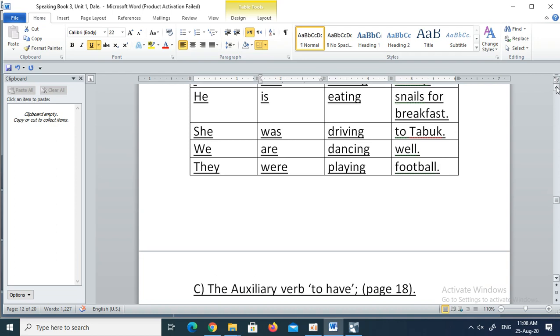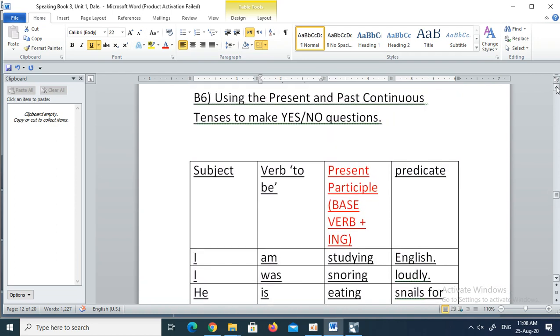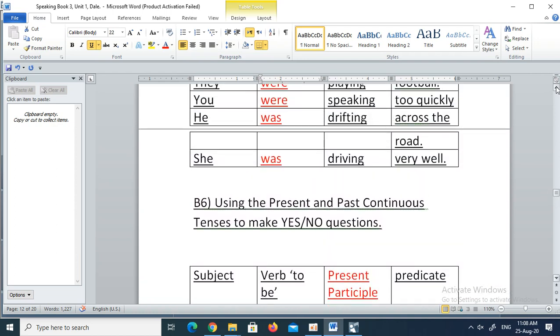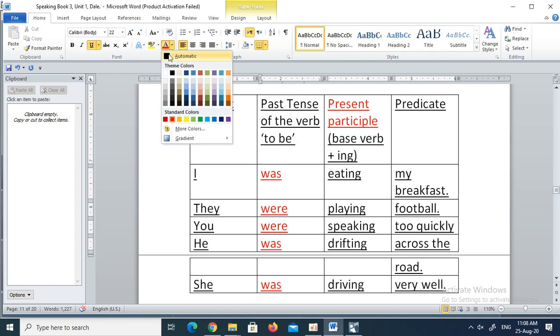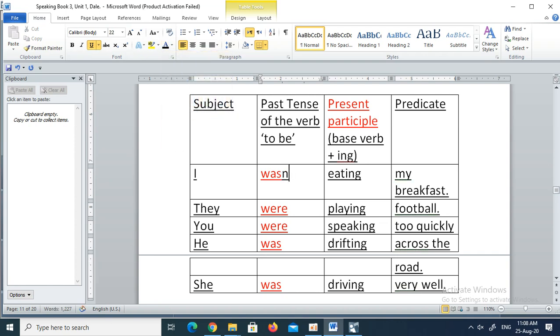Right. Again, if you want to make it negative, all you have to do is add in nt. So if this positive statement was I was eating my breakfast, then we make it negative by saying I wasn't eating my breakfast.